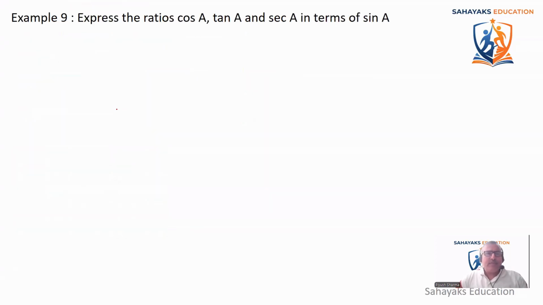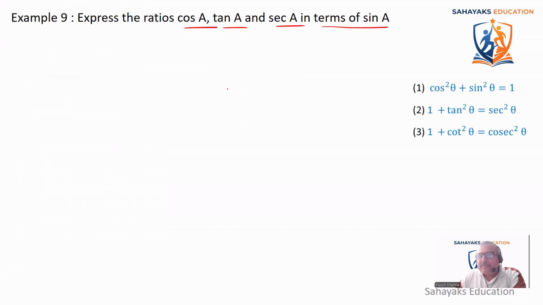Now coming to the next one. It says express the ratios cos A, tan A, sec A in terms of sin A. So we have to put everything in terms of sin A. For this we require identities. These are the identities we have. Now we have to write cos A. Can I write cos A from the first identity?